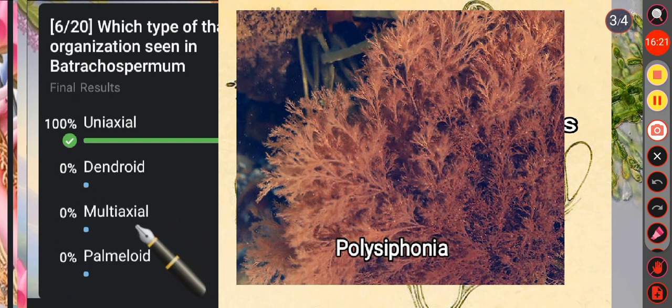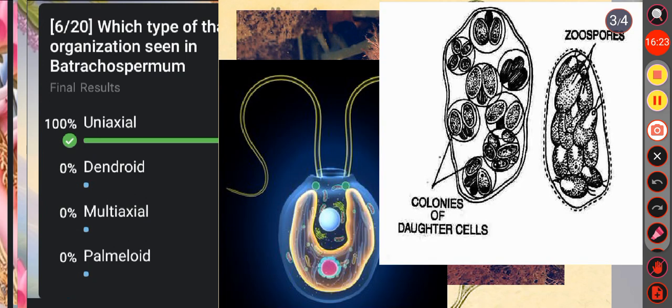Then the last option, that is palmelloid. What is the palmelloid form of thallus organization? The number of cells, their shape and size is not definite. The cells remain irregularly aggregated within a common mucilaginous matrix, but they are independent and function as individuals.